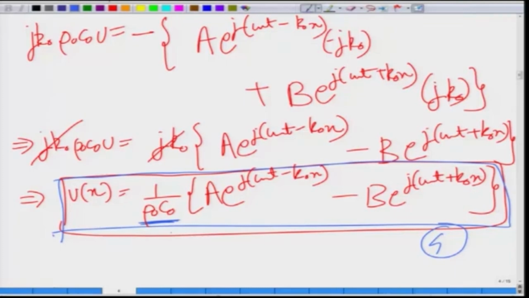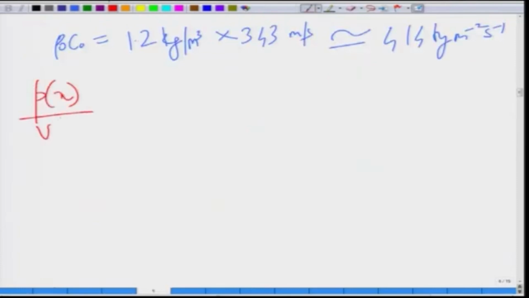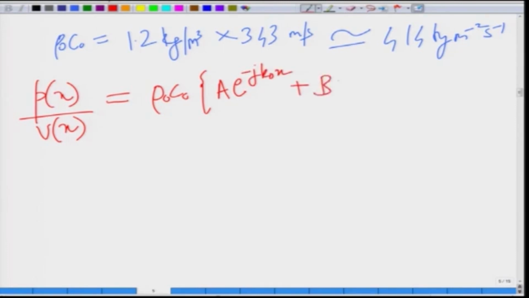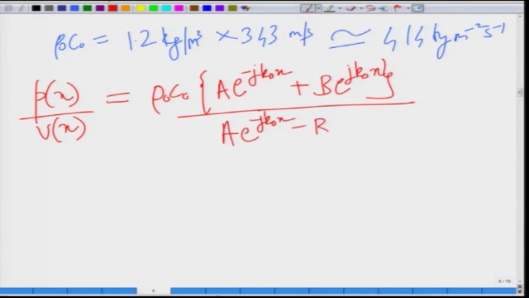So, rho naught C naught is the thing that comes in the denominator. Now, if you divide p by u x, what do we get? We get the term rho naught C naught in the numerator, times a e to the power minus j k naught x plus b e to the power j k naught x, divided by a e to the power minus j k naught x minus b e to the power j k naught x.